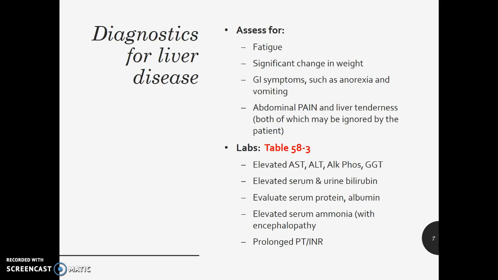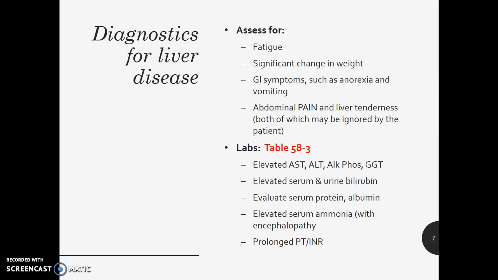So for diagnostics for liver disease, you're going to assess the patient for fatigue, significant weight loss, and GI symptoms such as anorexia and vomiting. They often will have abdominal pain and liver tenderness, but a lot of times those are ignored by the patient, and they just put it off, thinking it's something else. This is the short list of labs.